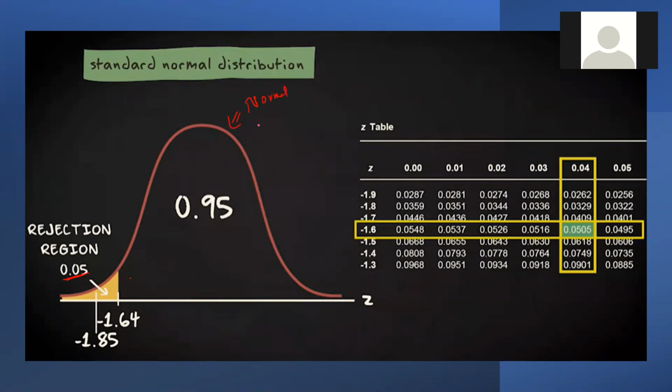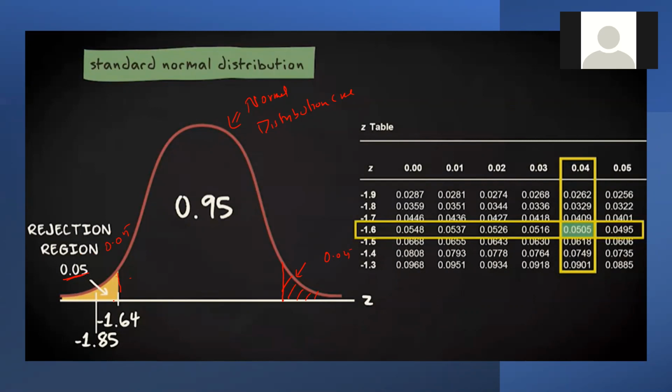This portion is your 95%. If you take both sides, it will be 0.025 and 0.025. This plus this will be 0.05. If you take one side, then it would be your 0.05.